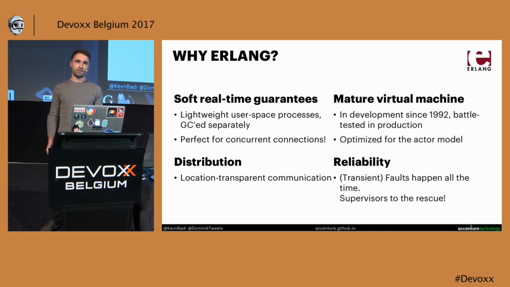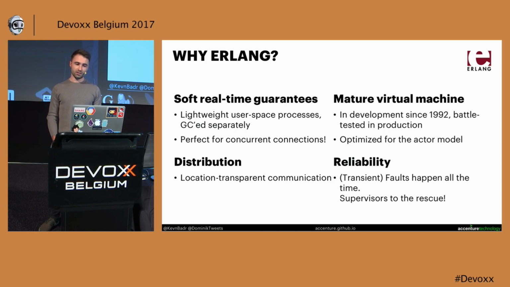Soft real-time in this case means that the average latency of any request doesn't change that much. You always get the result in the same time, regardless of how many connections you currently have. And this is possible because the actor model is implemented in the Erlang VM in a way such that all actors are very much isolated from each other, to the point where you have a separate garbage collector for each actor.